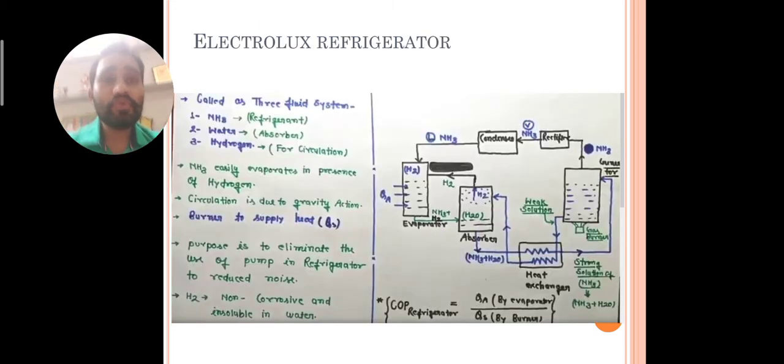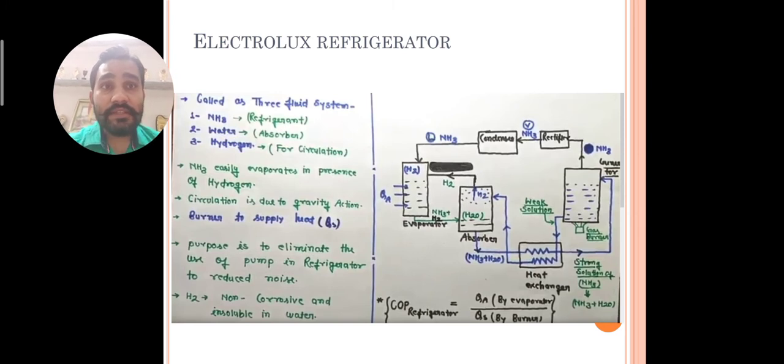Finally, we are coming to the Electrolux refrigerator. Here instead of using two fluids, we are using three fluids. The third fluid is hydrogen, which is used for the circulation of these refrigerants and absorbents. How? Because we are not using any kind of pump here.